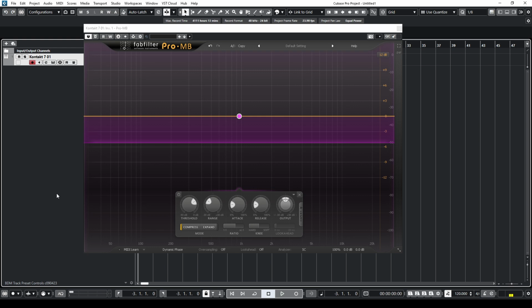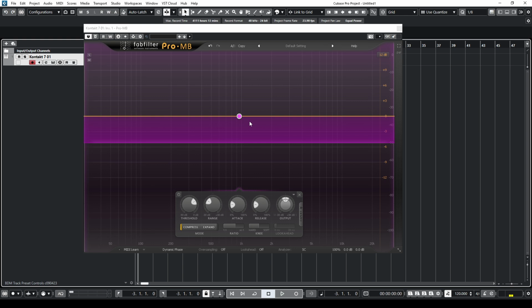Those things determine that. So for compression, like I said, you run an audio signal through a compressor, and it's going to move the signal towards the threshold. Now downward compression, which is the most common form of compression, and if you've looked up mixing tutorials or read some stuff online, you're going to hear about downward compression most of the time. And that's the setting that this Pro MB is at right now.